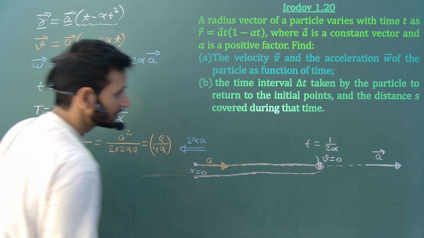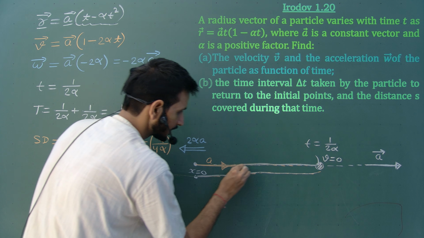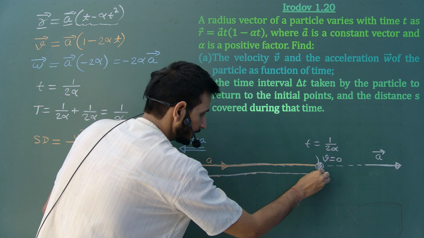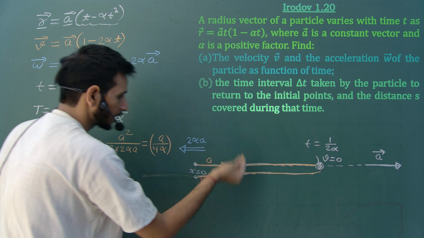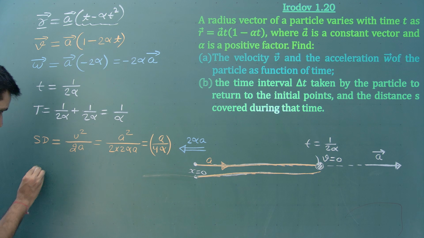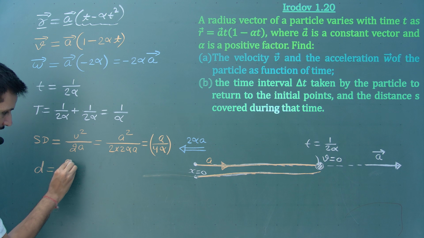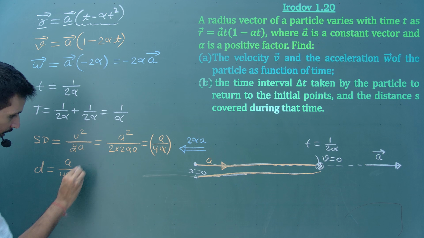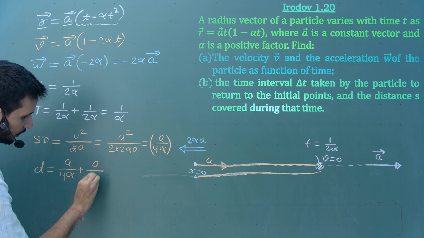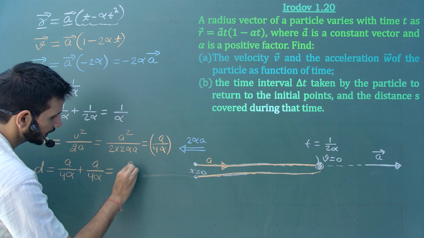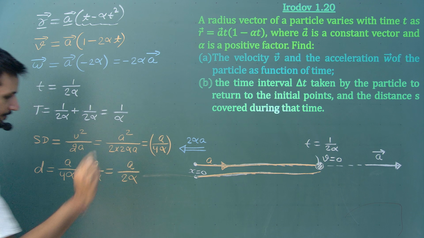So the total distance covered is this distance and this distance. Both are equal. So the total distance traveled is a divided by 4 alpha plus a divided by 4 alpha, and it is equal to a divided by 2 alpha.